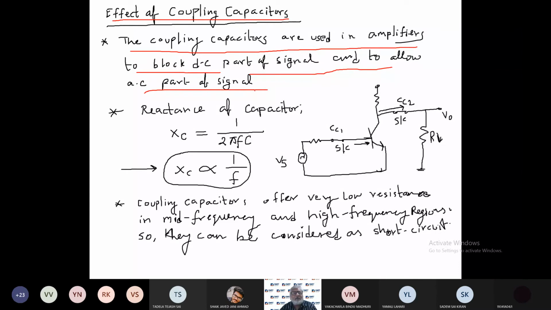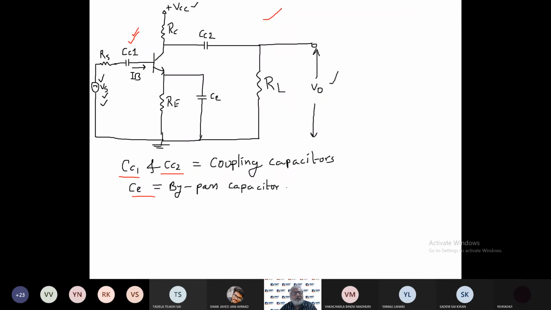Means here we are using this capacitor so that we allow the AC part of the signal to input to this transistor for the amplification. And here we are using the DC voltage VCC for the biasing purpose. So it will block this DC from going outside. Okay, so this is the purpose here.